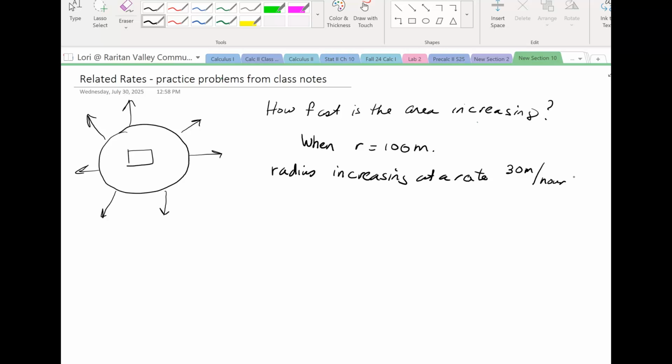Okay. There's a couple things you need to understand when doing these related rates problems. And a lot of this I went through in the intro video. When you are defining something as a rate of change, you're defining it with respect to time. So, for example, this rate of change for the radius needs to be defined as dr/dt.